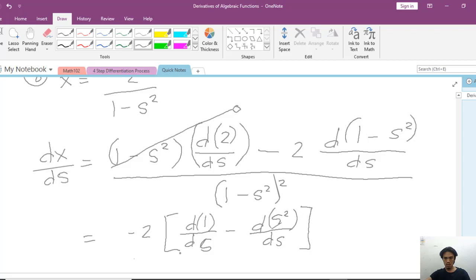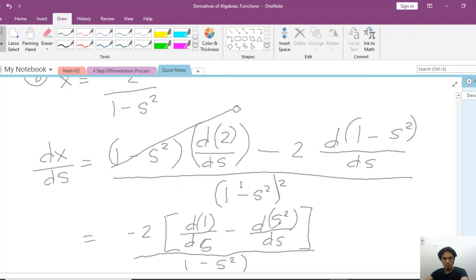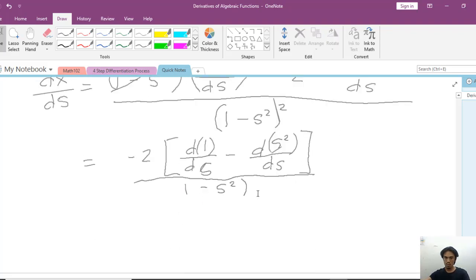And it should be divided by 1 minus s squared quantity squared.